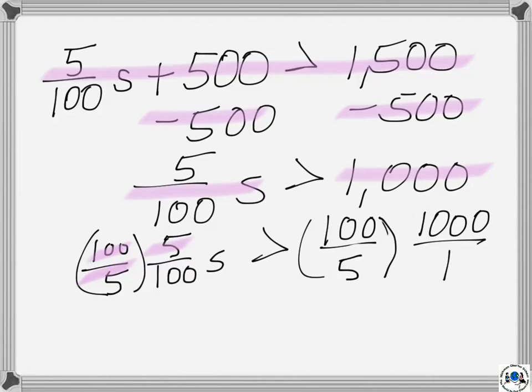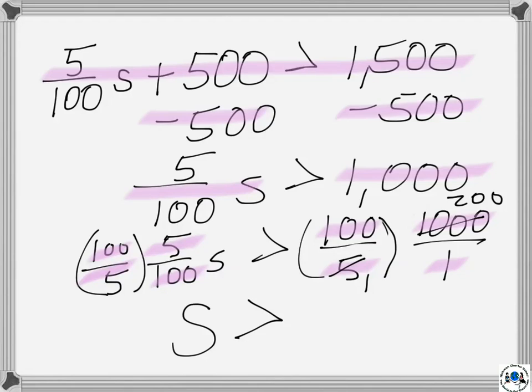So 100 over 5 times 5 over 100, of course, is going to yield us the single S, greater than 100 over 5, which is the reciprocal of that 5 over 100, times 1,000, right here. We can do a little cross cancellation here to make it a little bit easier.